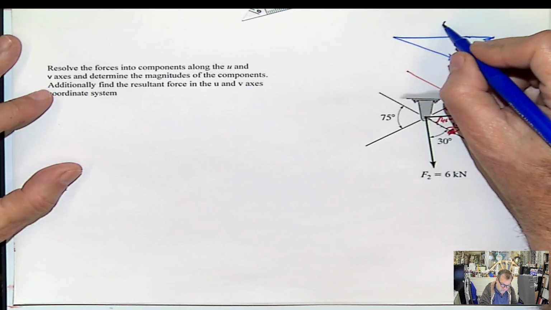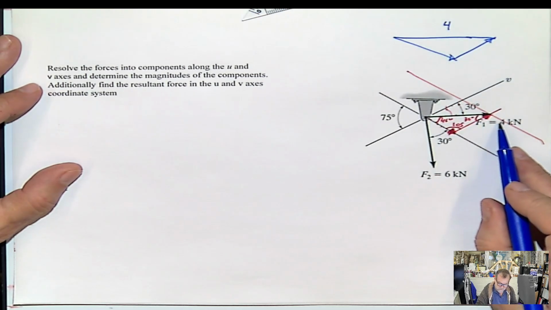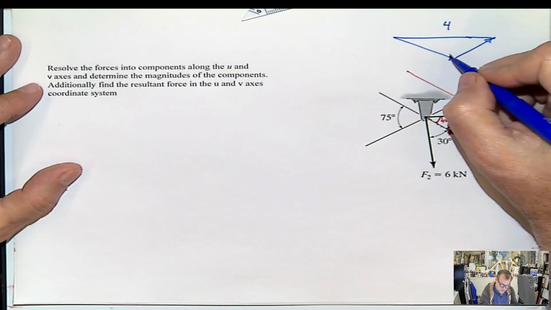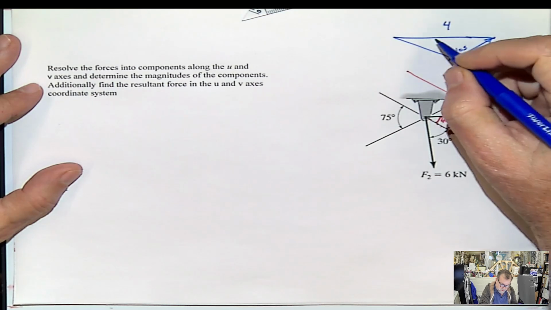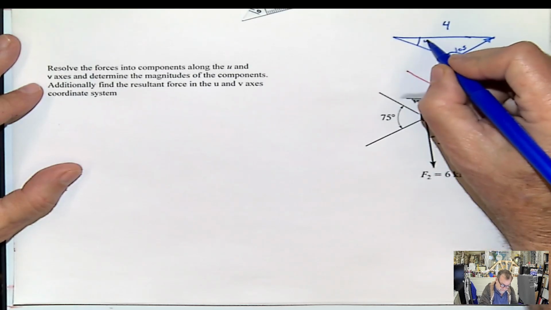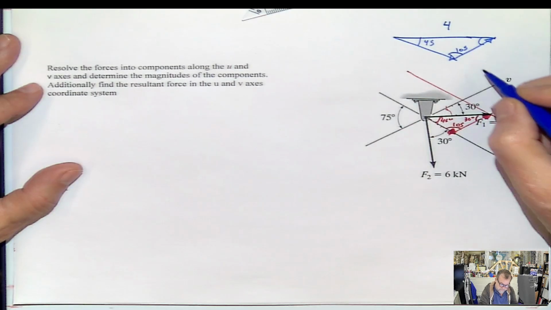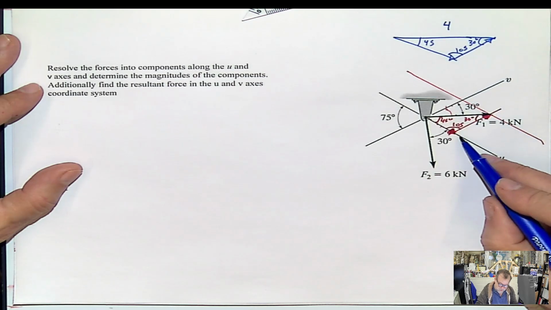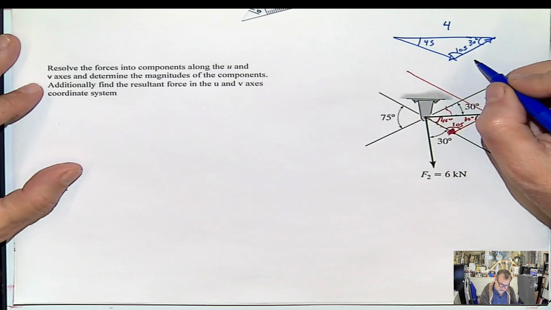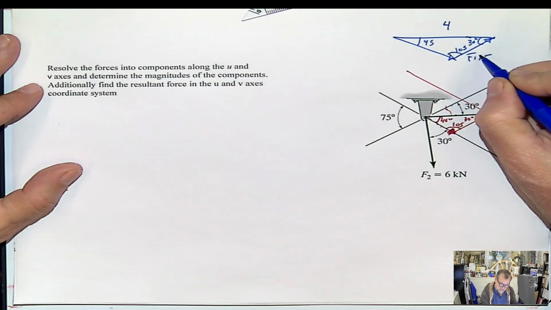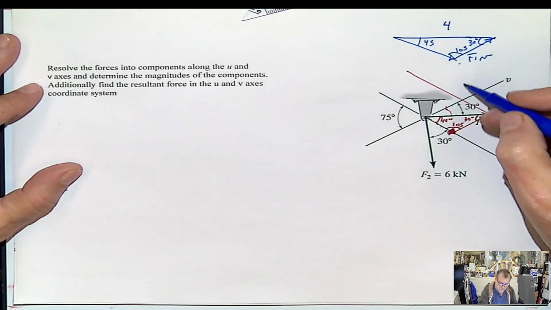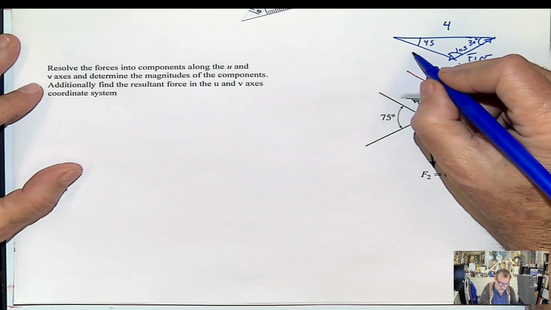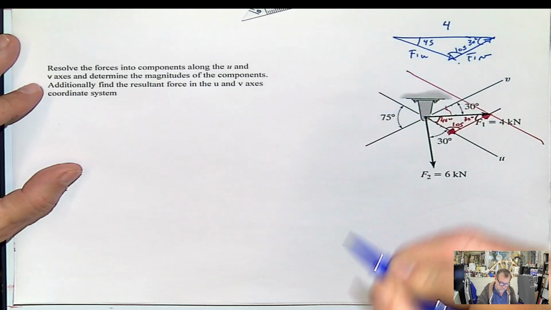This is 4, which is the value for F1. This angle here is 105. This is 45. This is 30. This value here will be the component of F1 in the V-axis, F1V, and this one will be the component of F1 in the U-axis, F1U.